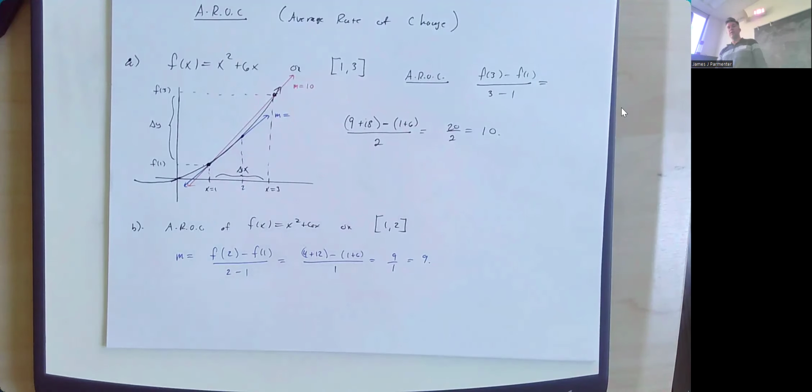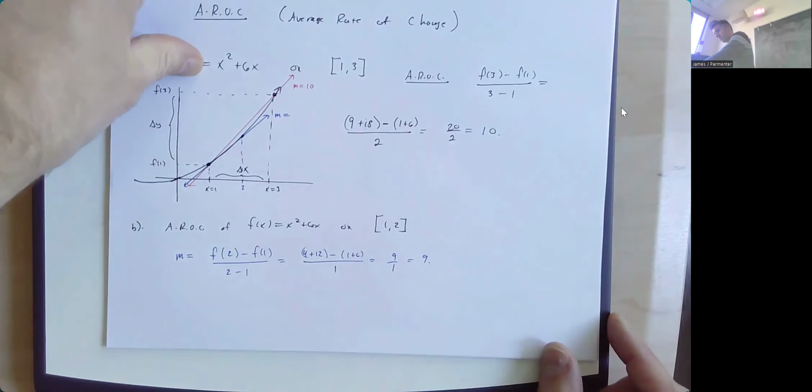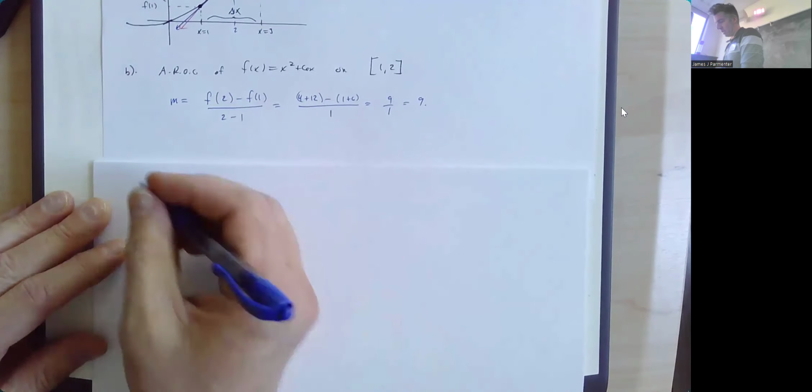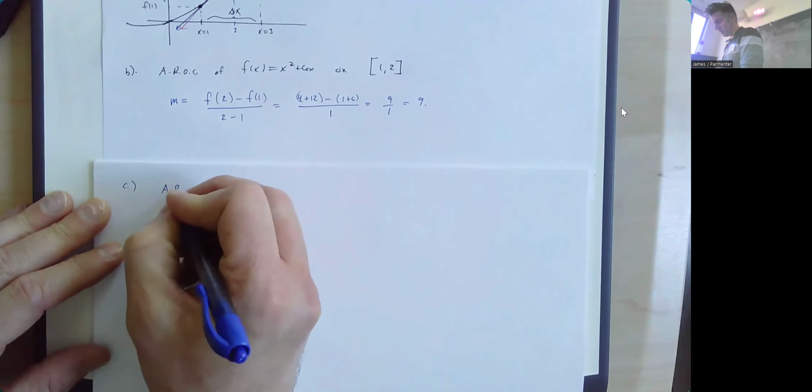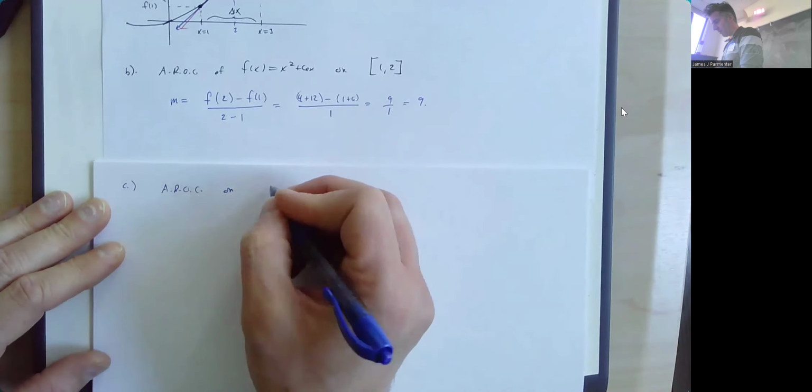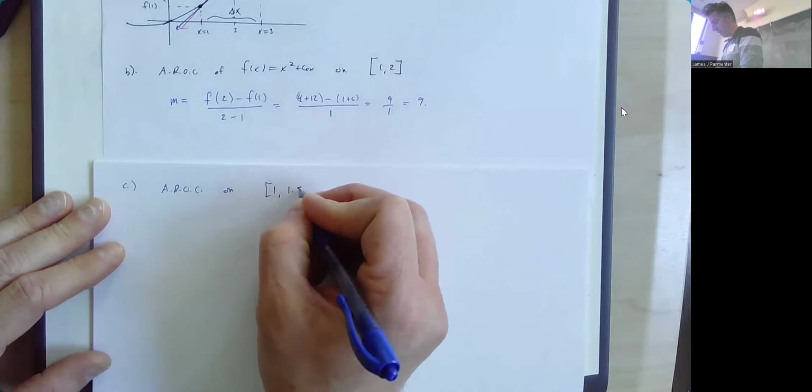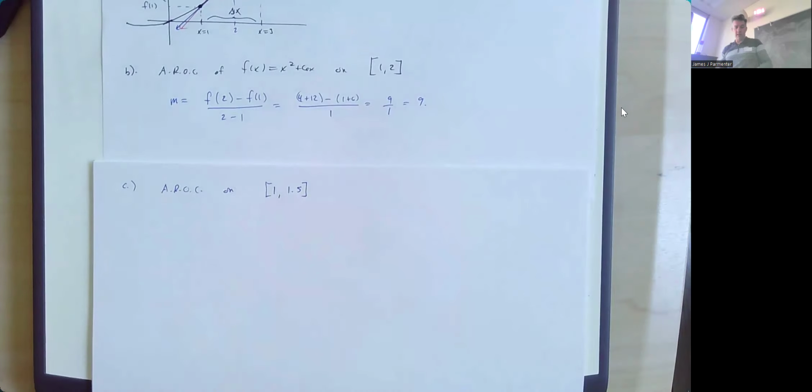And if we keep doing this, so let's do one more. If we want to find the average rate of change, maybe on, say, the interval from 1 to 1.5, same idea. We're going to find f of 3 halves, or 1.5, minus f of 1, all over 3 halves minus 1.